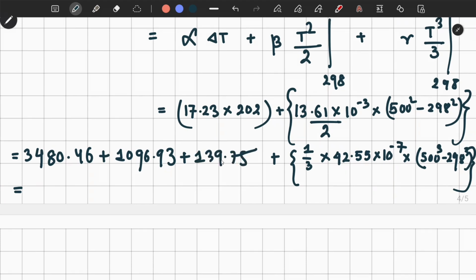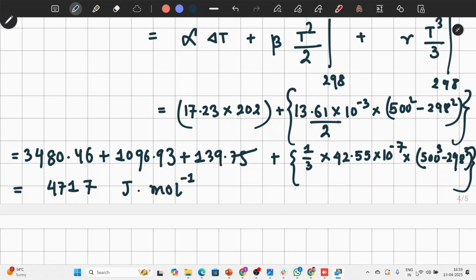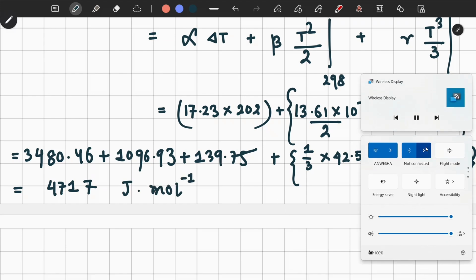Yes. 717 joule per mole inverse. I am getting this.